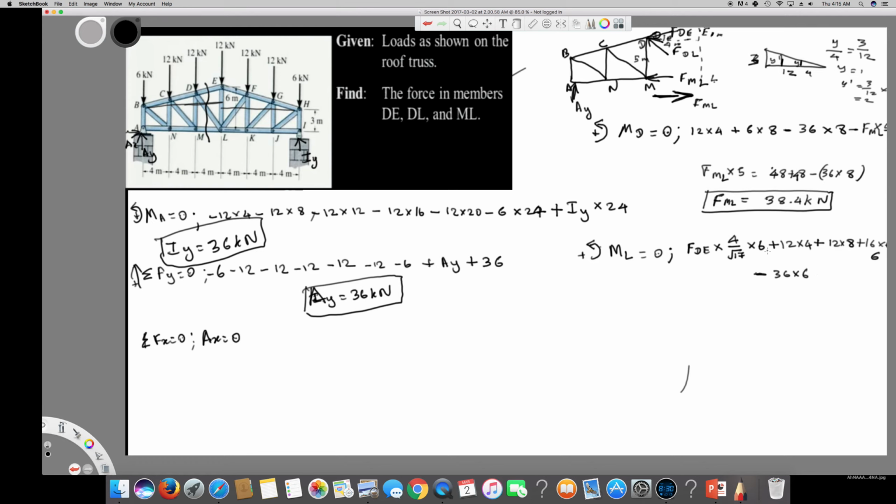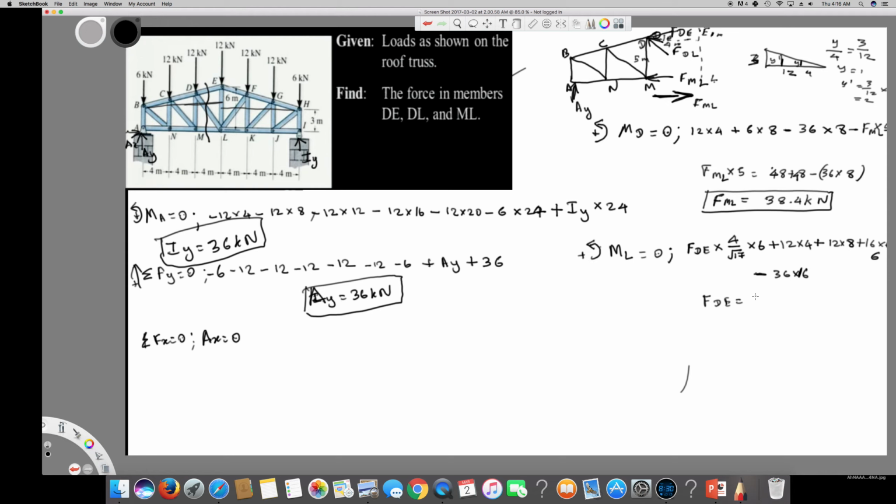So from the look of it, we know this is a negative answer, and if you calculate, FD comes out to be equal to, so this is 16 times 6, so this is also 16 meter distance.